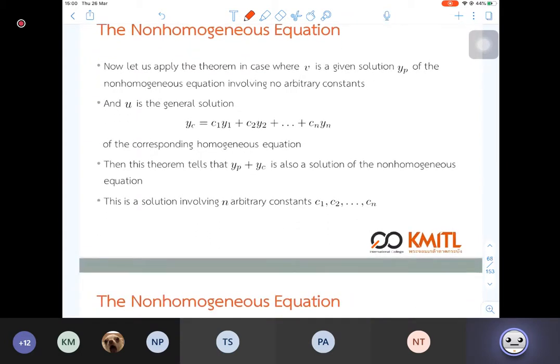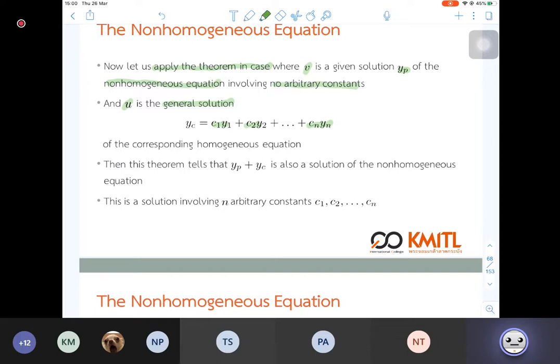Now we can apply the theorem in the case where V is a given solution called YP. And this is the solution to the non-homogeneous equation, and you have no arbitrary constant. For U, this is the general solution. So U equal to C1y1 plus C2y2 until Cnyn.